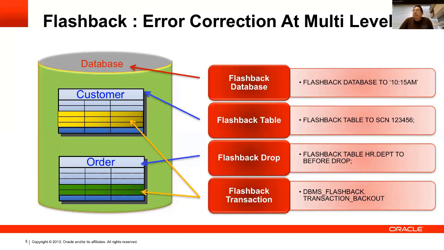We have a local image copy FRA kept for 7 days with incremental merge, and then longer 30-day retention backups are sent to object storage. You can do the same for on-premises: an image copy to the local disk and then a longer retention backup of that FRA image to the cloud. Yeah, thank you, Marco.